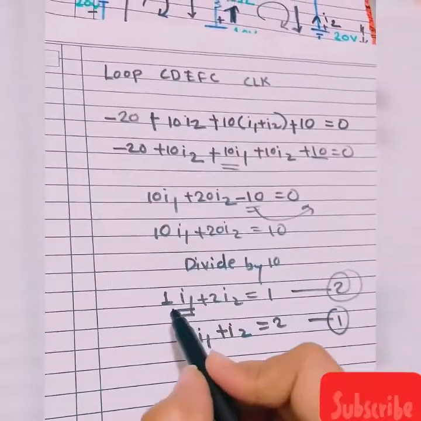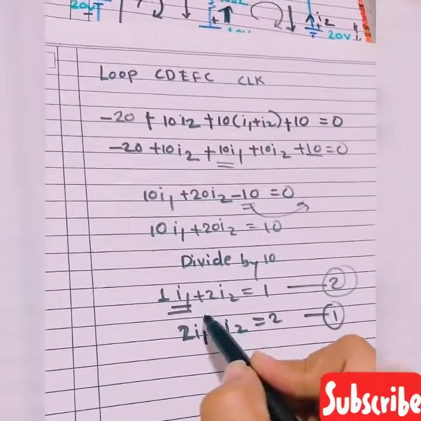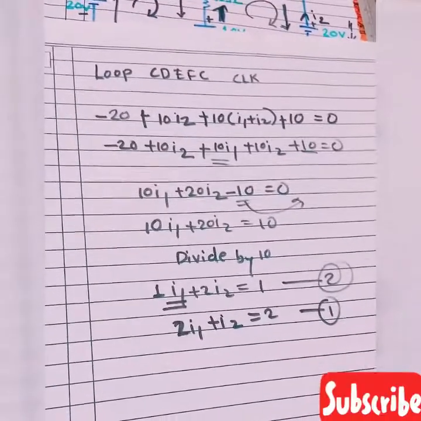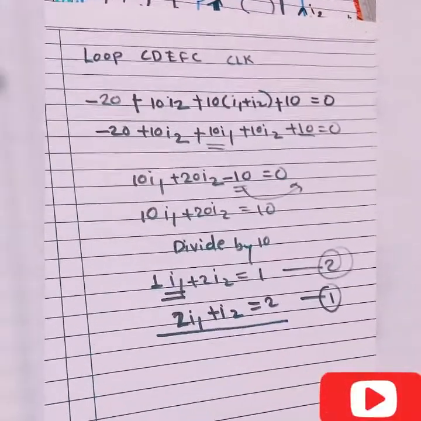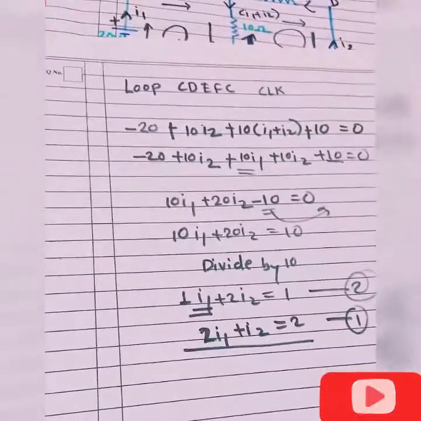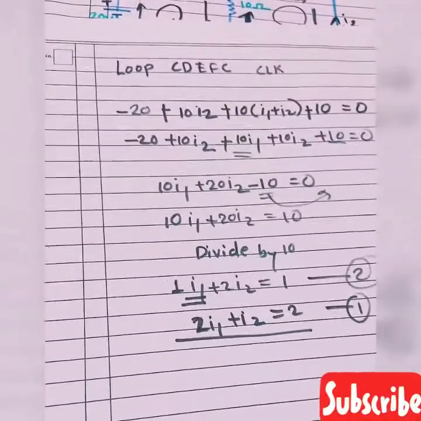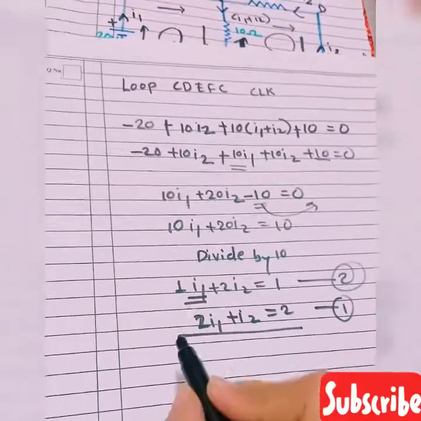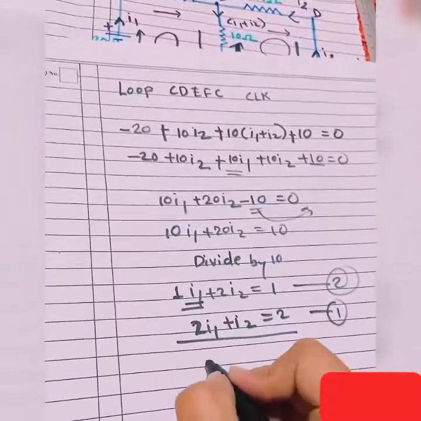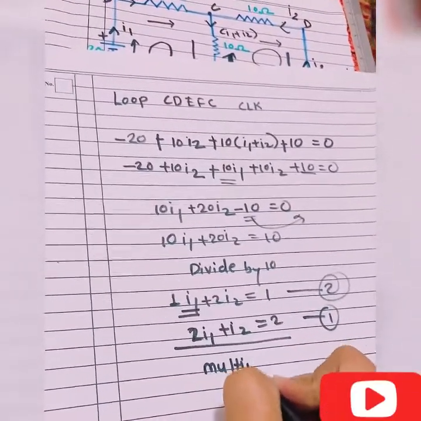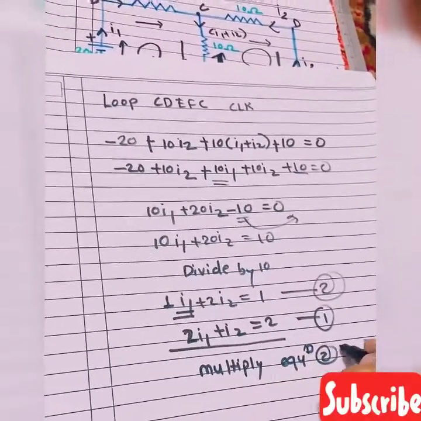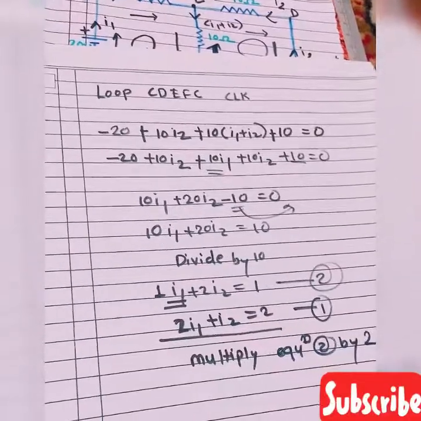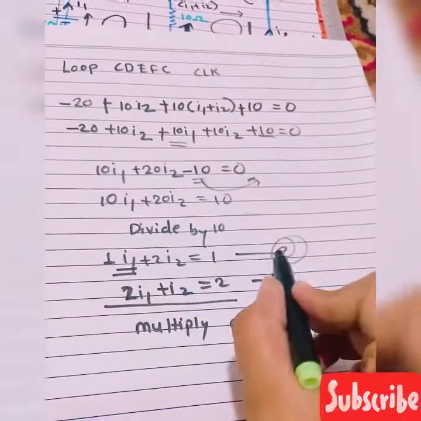So let's multiply equation number 2 by 2. Look at this equation: I am keeping this as it is. I am not touching equation number 1. What am I going to do with equation 2? Multiply equation 2 by 2, meaning multiplying this whole equation by 2.